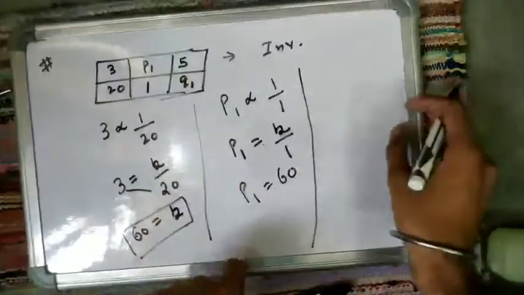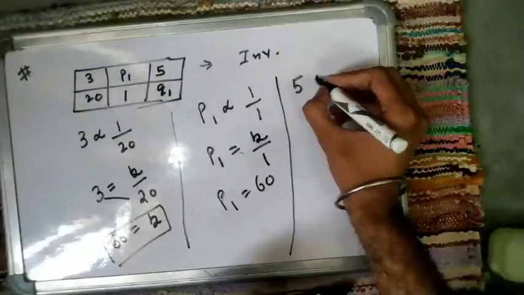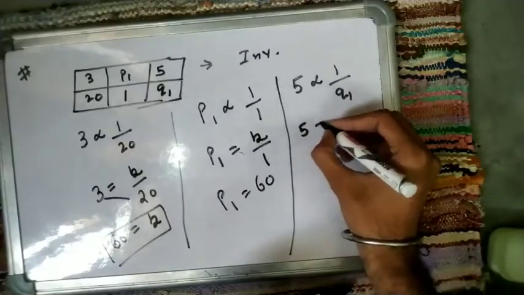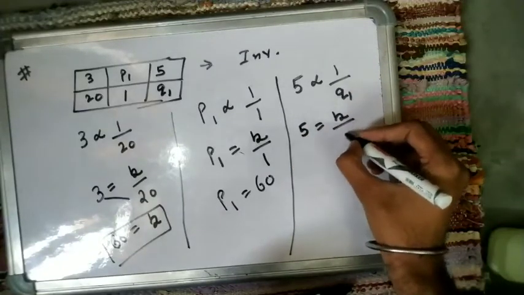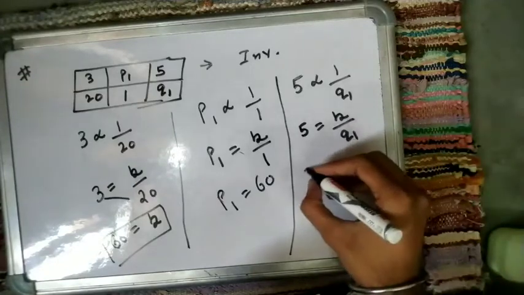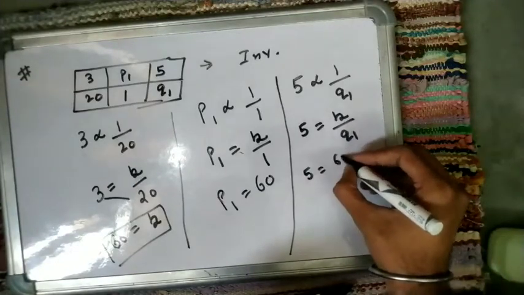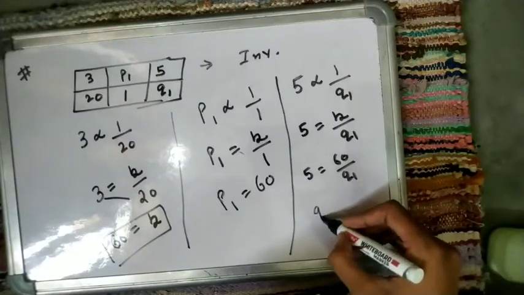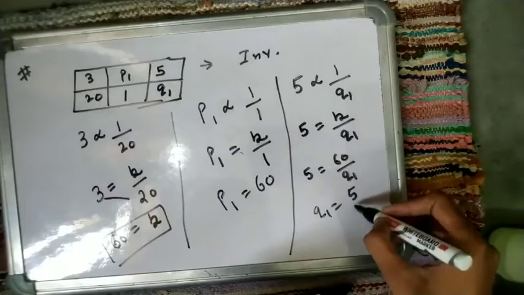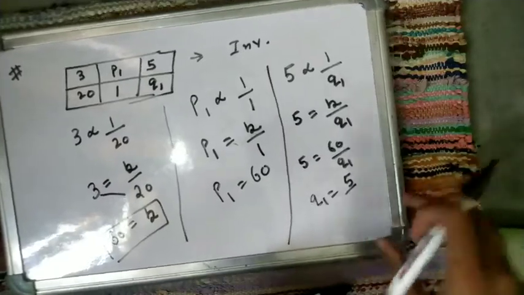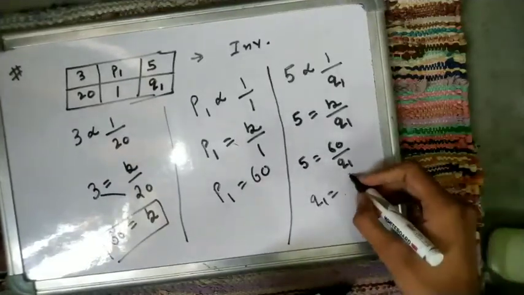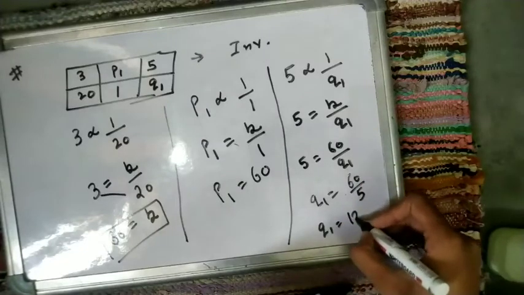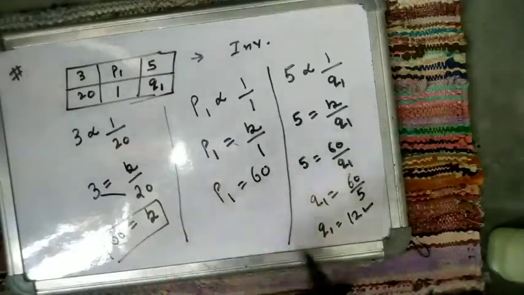Next one: 5 is inversely proportional to 1 by Q1. So 5 is equal to K by Q1, and the K value is 60. So Q1 is equal to 5 upon 60. Sorry, Q1 is equal to 60 upon 5. So the answer is 12. I hope you understand.